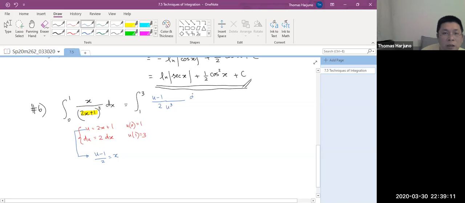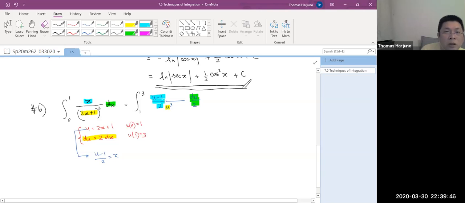And I get du over 2, because dx is du over 2. This guy becomes this, and my x becomes u minus 1 divided by 2.